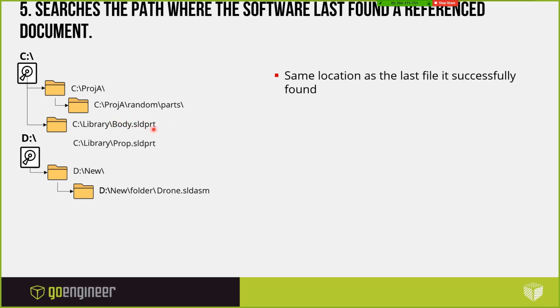Because of this, it's a safe assumption that the missing file might be found in the same folder. And so it goes ahead and searches for that missing file in the same folder as the last part that just opened.